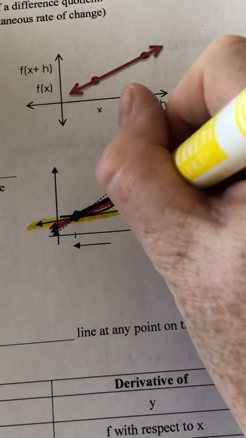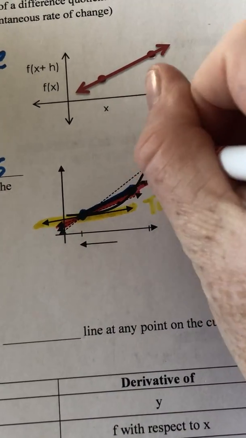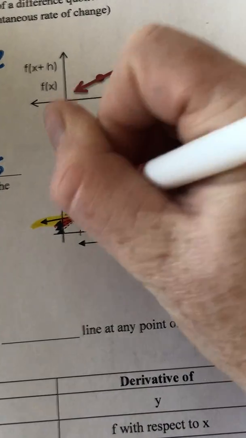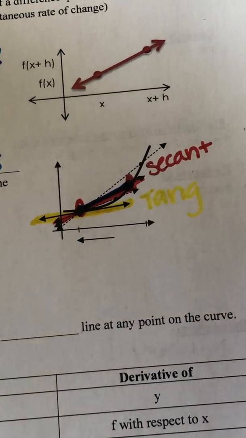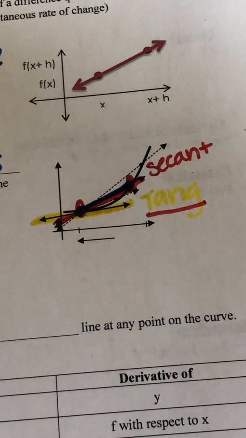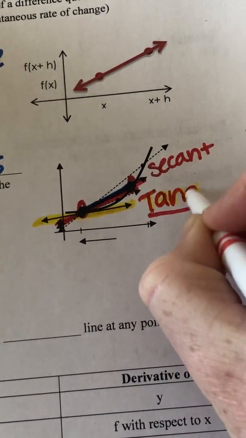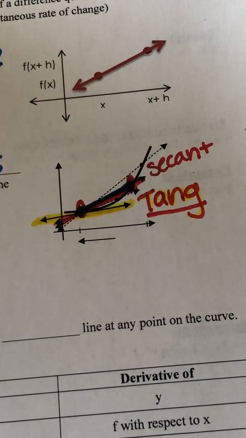So this is a tangent line. It's hitting the curve once, okay? And then your other lines are secant to the curve. They're hitting twice, okay? So a tangent line is the most accurate way to find your rate of change at a point, okay?